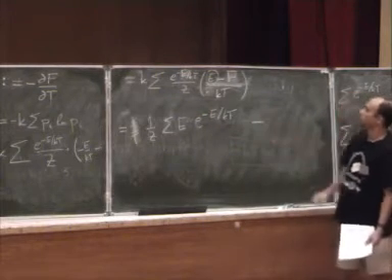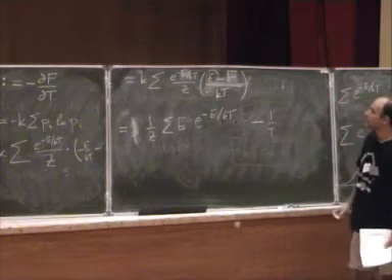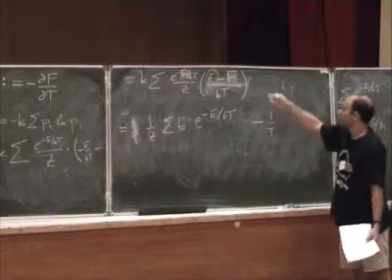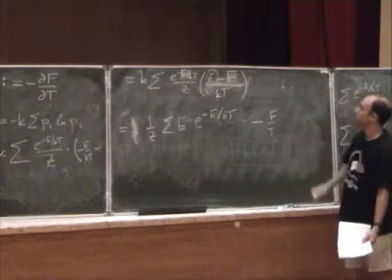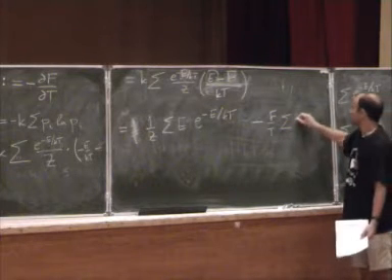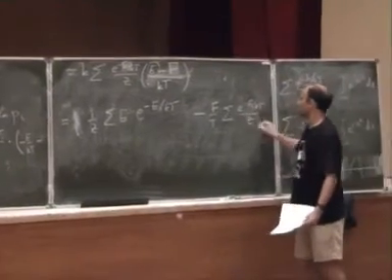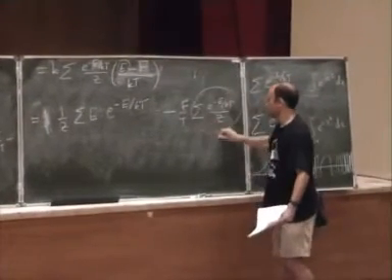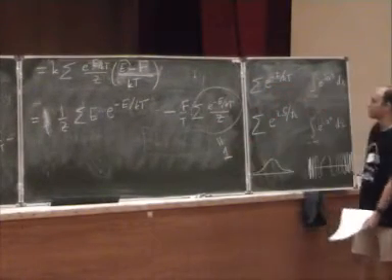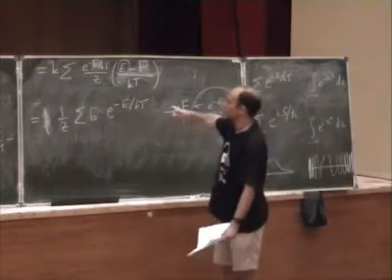And the second term gives, again, 1 over T, F, that I can put here, sum of e to the power minus E over kT over Z. But this is equal to 1, and this is the sum that I have just computed.